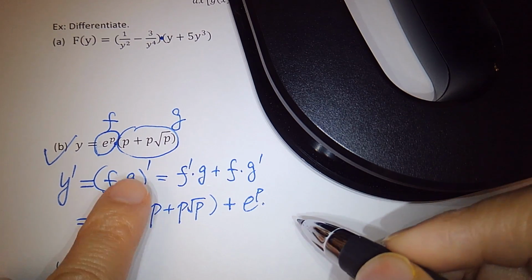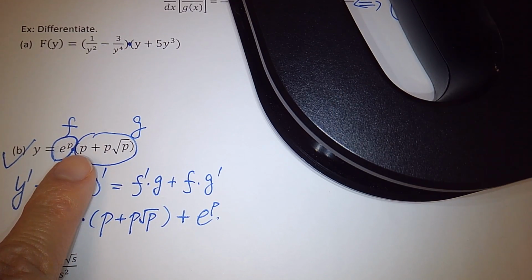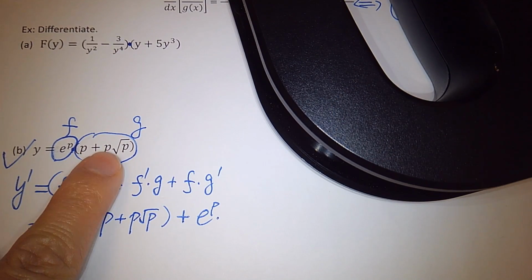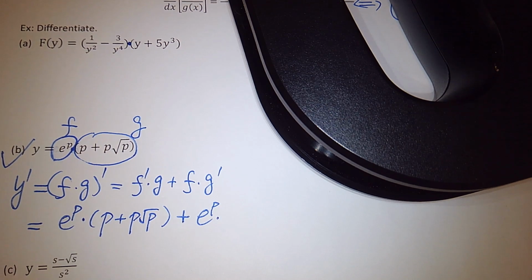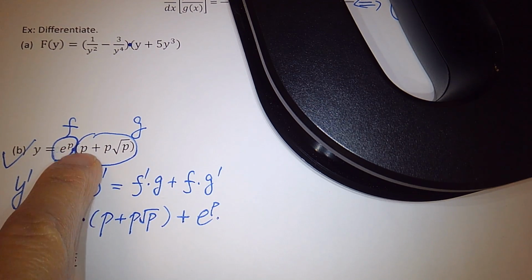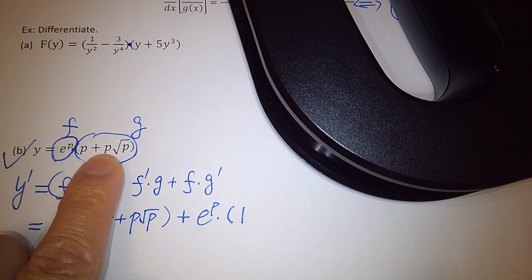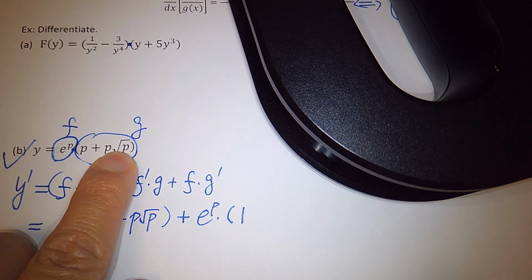So how to differentiate g? p plus p times square root of p. The derivative of p is 1. What is the derivative of p times square root of p?